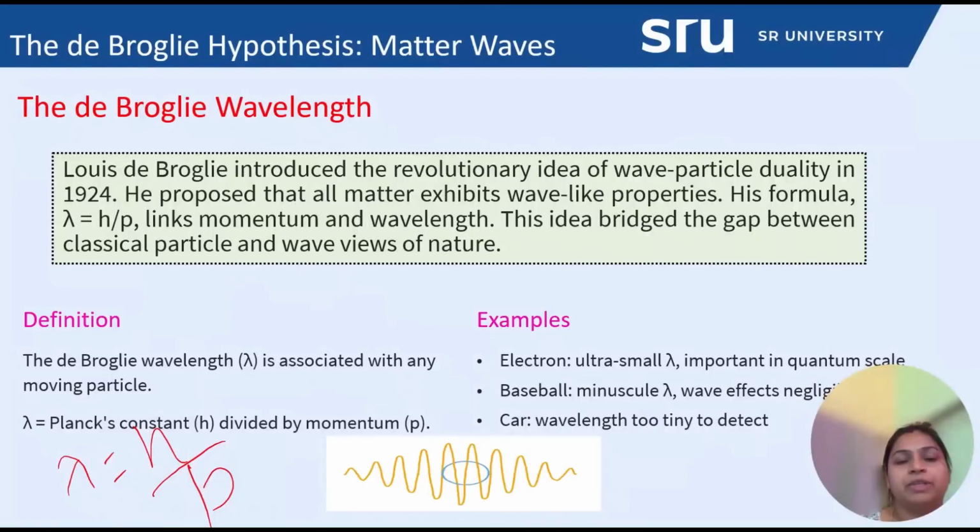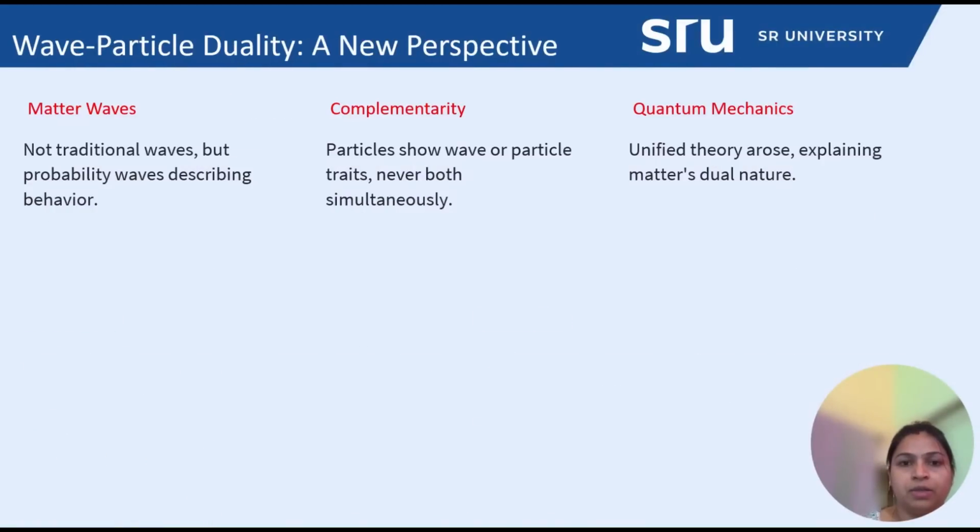In matter waves, there are no traditional waves but probability waves describing behavior. Complementarity: particle shows wave or particle trail, never both simultaneously.